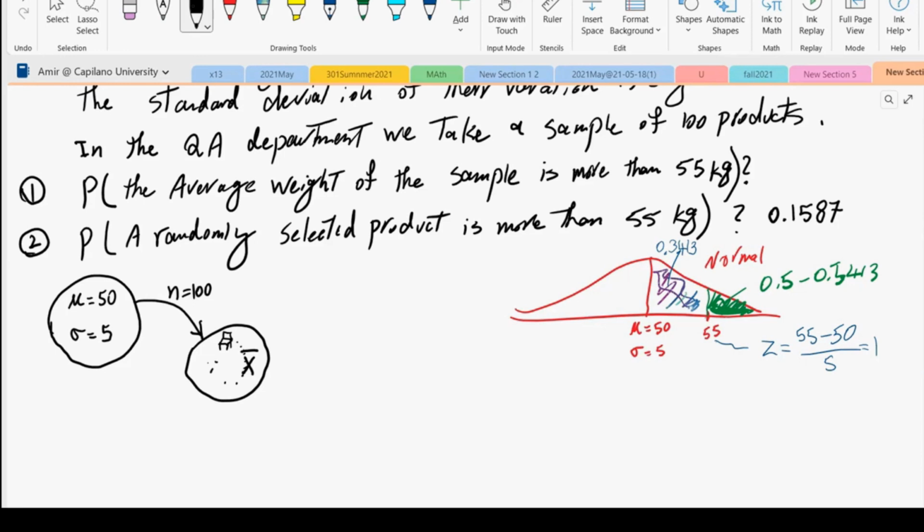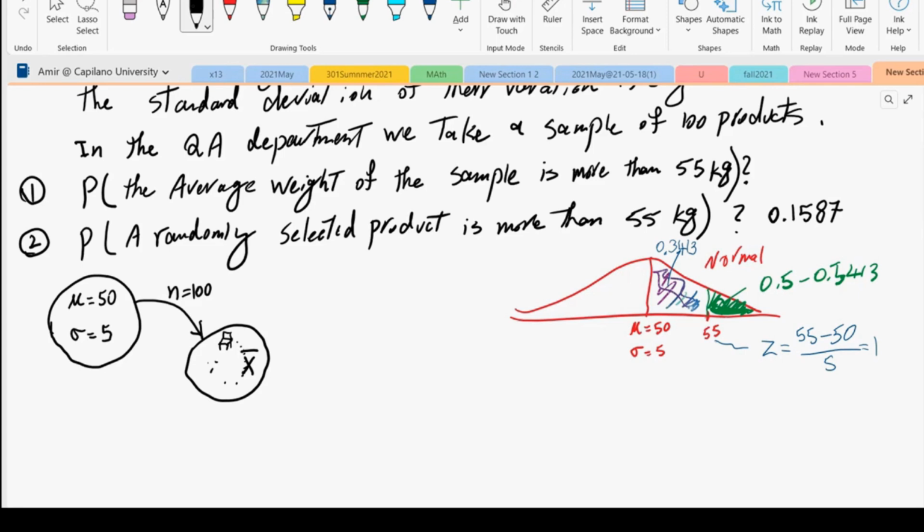Any other reason that you can bring? The other reason is that these chairs are taken from a population with average of 50. Some of the chairs would be more than 50, some of the chairs would be less than 50, and they cancel each other in the sample. There are 100 chairs, and they are taken from an average of 50.